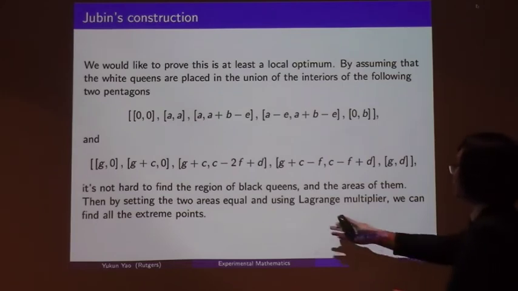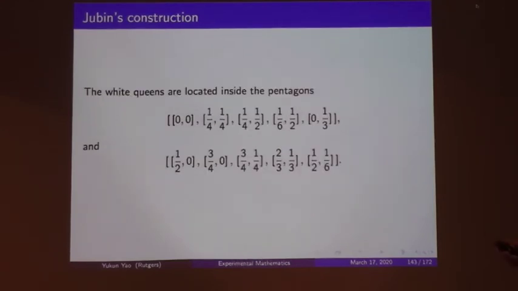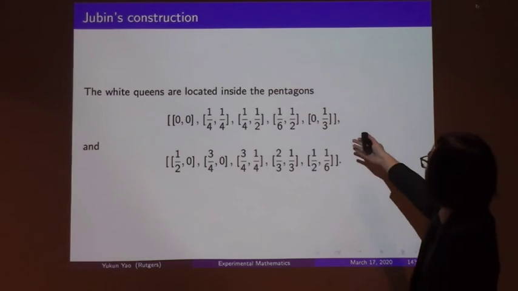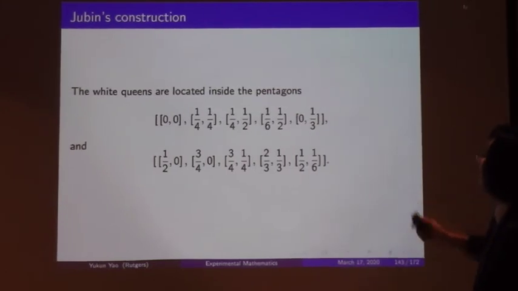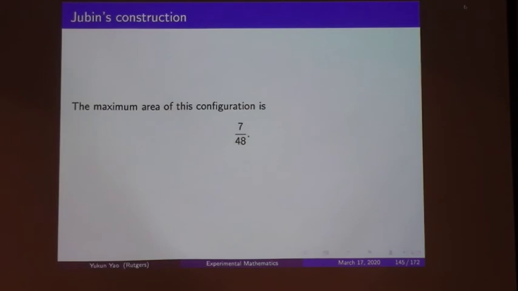Then we can set the two areas equal, and using the Lagrange multiplier, we can find all the extreme points. So we find the coordinates of these two pentagons for white queens, and similarly for black queens. So the maximum area of this configuration is 7/48.